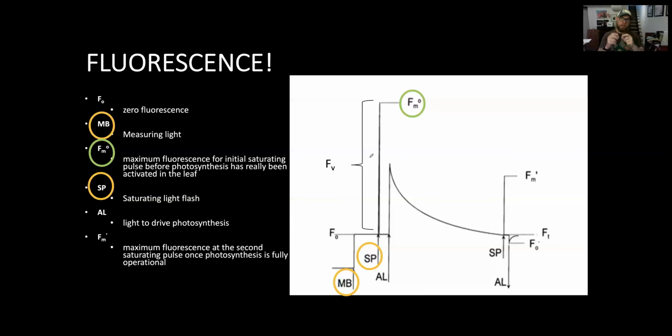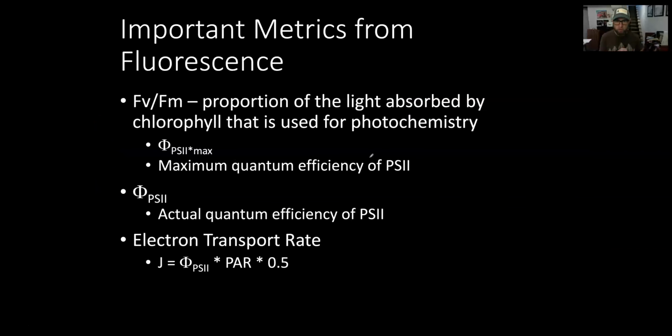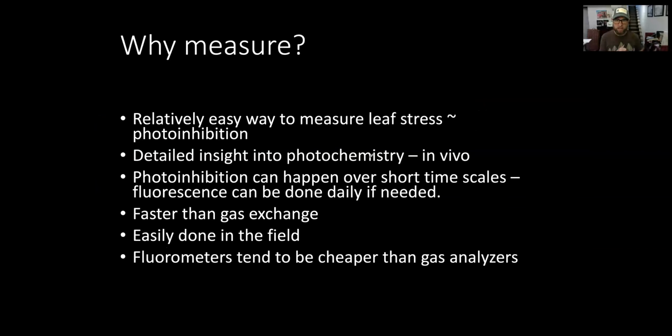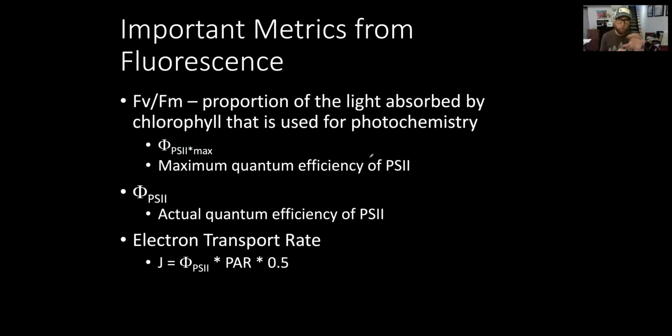And so if that's happening and those photosystems and those enzymes aren't working as well, more light is going to be fluoresced back out than absorbed. And so that will change, or sorry, more light will be unused in photochemistry, and so we'll get a much lower peak. And what that generally means is more of that light is being dissipated as heat. So changes in FV/FM are going to tell us the proportion of light used in photochemistry.